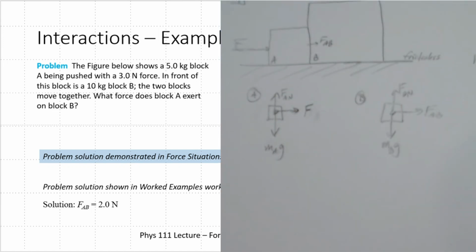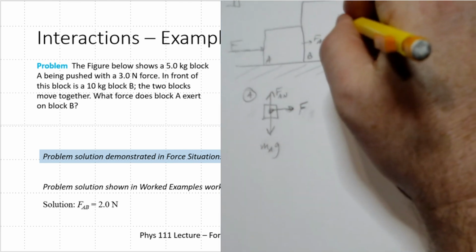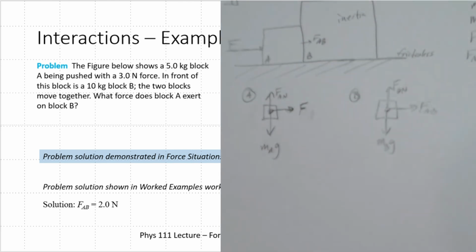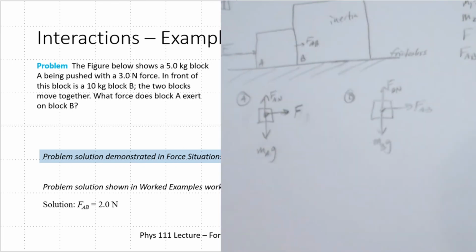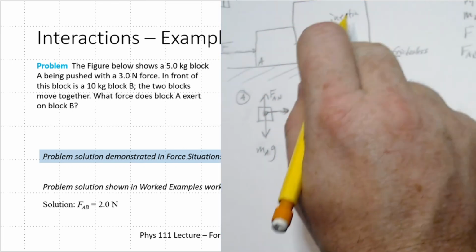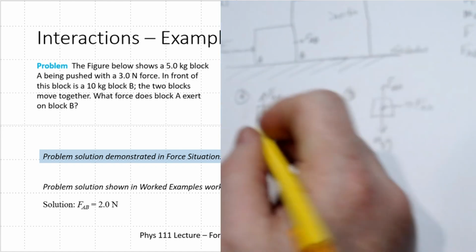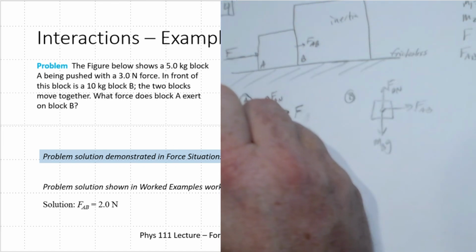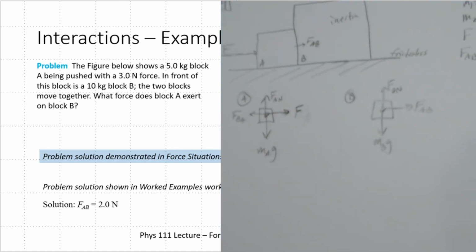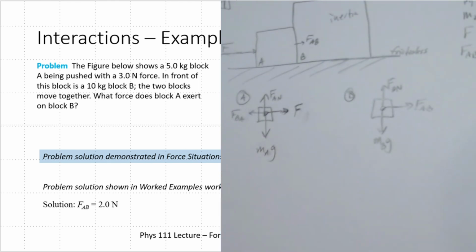Remember, force is not always something that's motivating a change in motion, but is resisting a change in motion. Because block B is in place here, it has inertia. It doesn't want to move, so it's going to push back on block A. And so even though we have a force F_AB acting on block B, there's an equal but opposite Newton's third law force acting on this one, so that one's going to be force B on A. Notice I changed the order of the subscripts here in order to take advantage of that understanding.